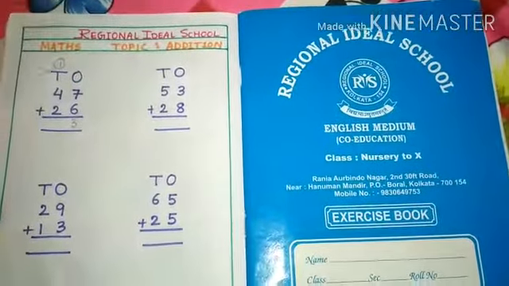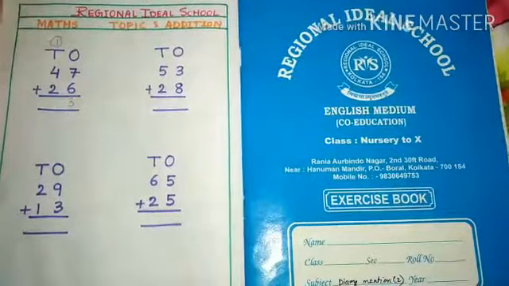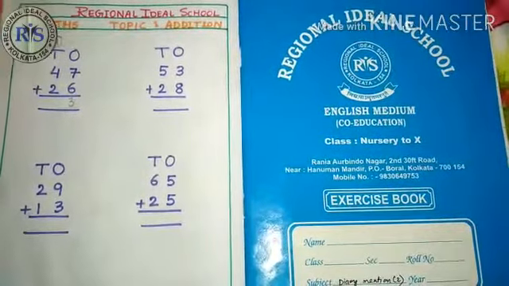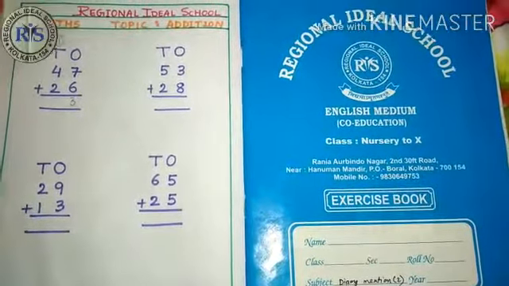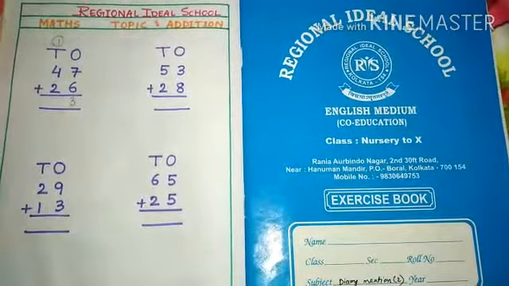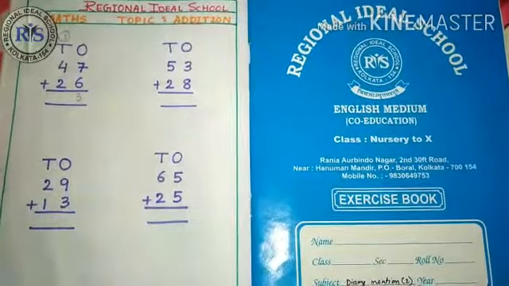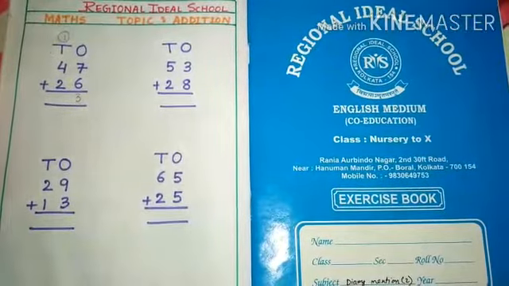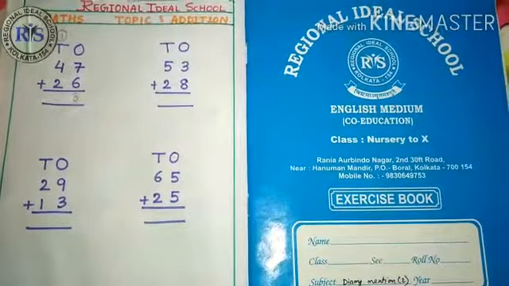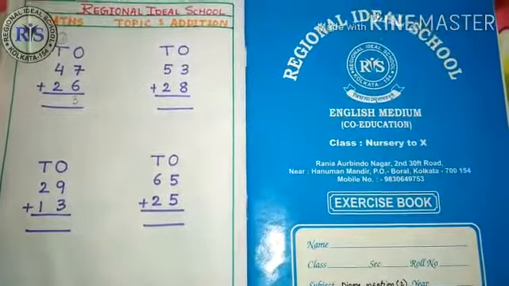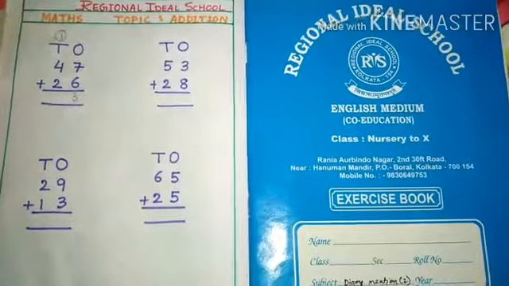That means you have to add 1 with the tens digit. After completing the addition of the ones digit, you have to do the addition of the tens digit number. So in the tens digit, we have 4 and 2.